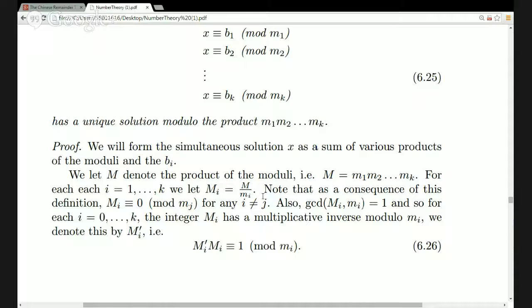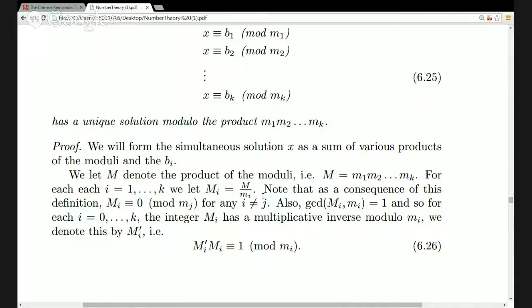So because of this co-prime condition, we know that there exist these integers capital Mi prime, which are the multiplicative inverses of capital Mi modulo little mi. So let's find each of these for our example here.